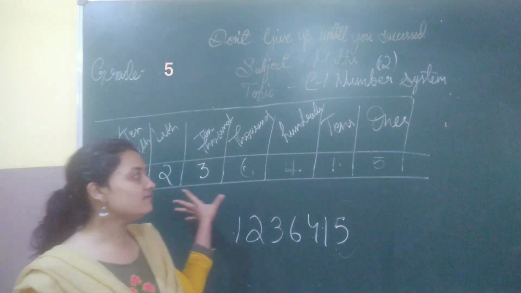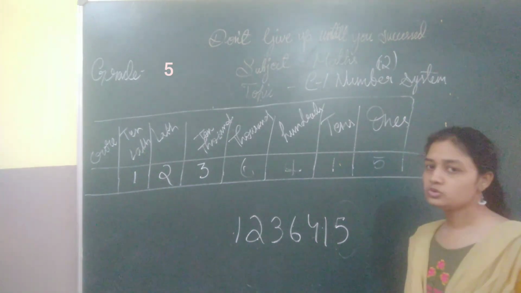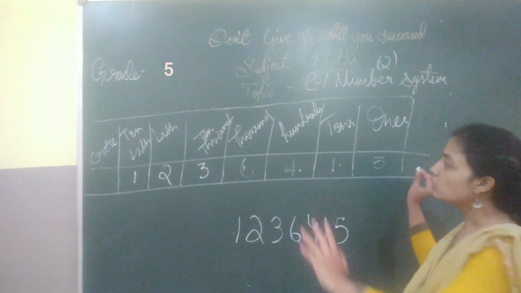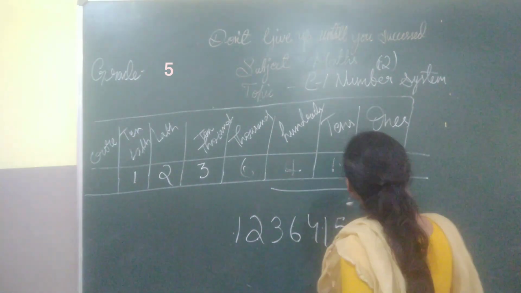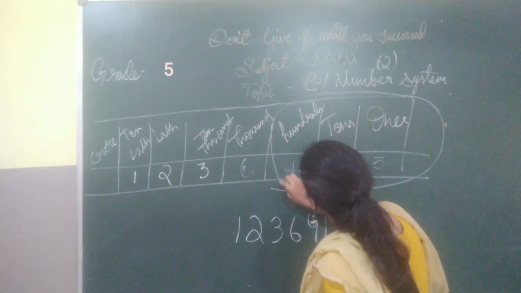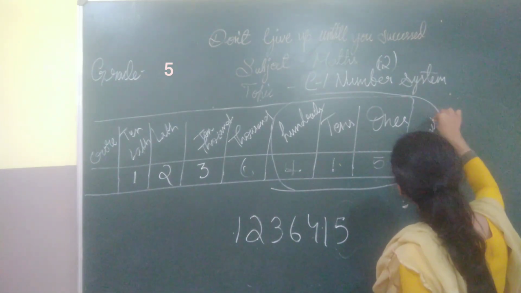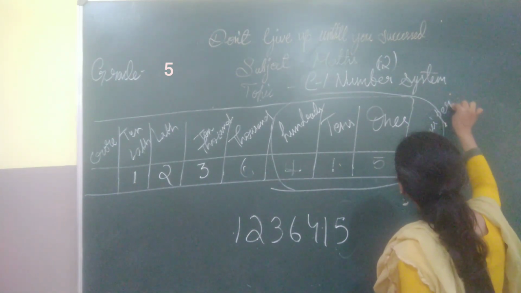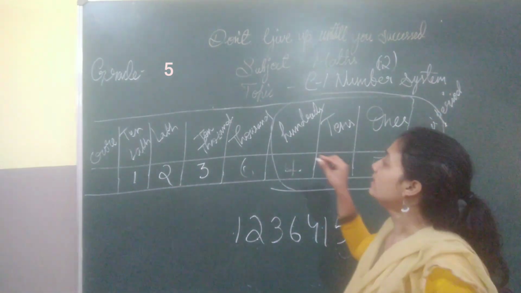Okay, now we have finished writing the numbers in the places. I'll teach you something now. We have to group the number places also, children. See, the first 3 is one particular group, and it is called one period. The first 3 places.